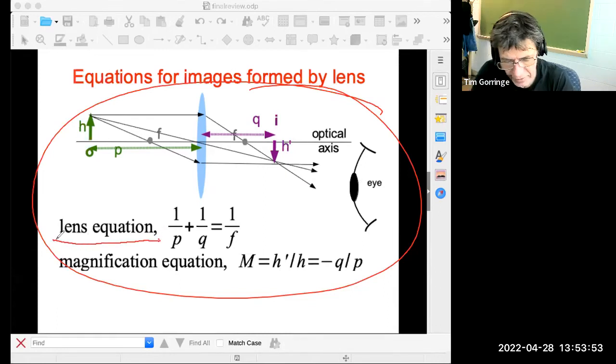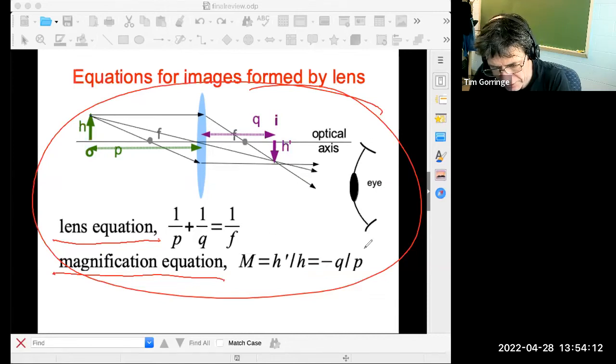Now we're calling it the lens equation, for the relationship between the location of the object, location of the image, and the focal length. And there's the same magnification equation for the lens that relates the magnification, how much bigger or smaller, minified or magnified, the image is compared to the object, in terms of the object position P and the image position Q.